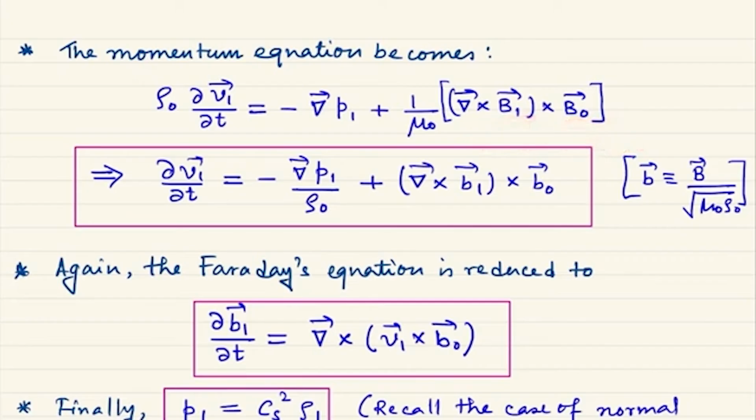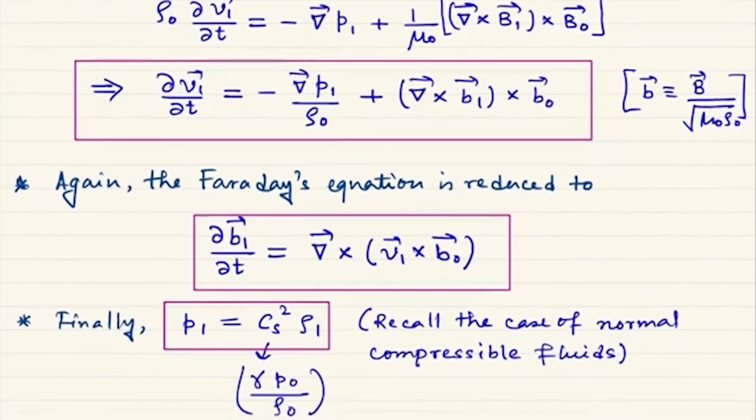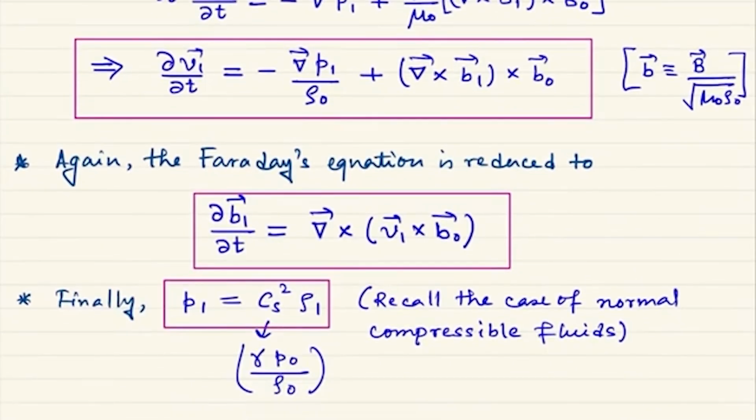Okay, you are done. Now the third equation of magnetohydrodynamics is the equation of Faraday, the equation of induction, which simply says that del B1 del T is equal to curl of V cross B. Now once again, V cannot have any V0 amount.